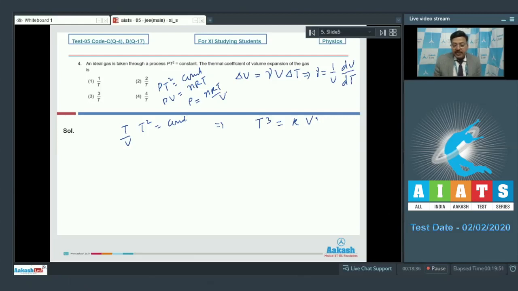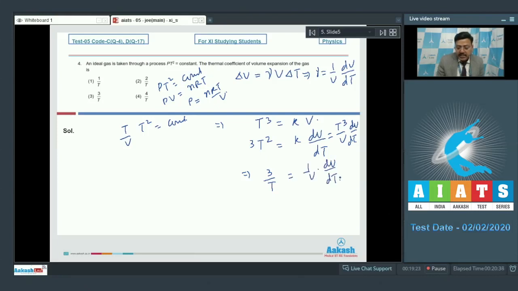So the given equation basically transforms to this equation, that is T cube is equal to K into V, and let's differentiate both sides with respect to T. Then we get 3T square is equal to K dV by dt, and we can further replace K as T cube by V, and if we do that, it is equal to T cube by V dV by dt, and this gives us the fact that 3 by T is equal to 1 by V dV by dt in this particular question, which is nothing but gamma, the coefficient of volume expansion.